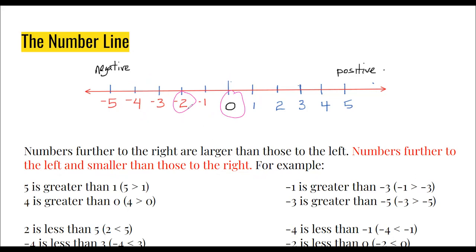Now, usually when we're writing these things in maths, we wouldn't say larger or smaller. What we would say is greater than or less than. And there's a sign for greater than that points to the right, and less than points to the left. So just bear that in mind, and that's important.